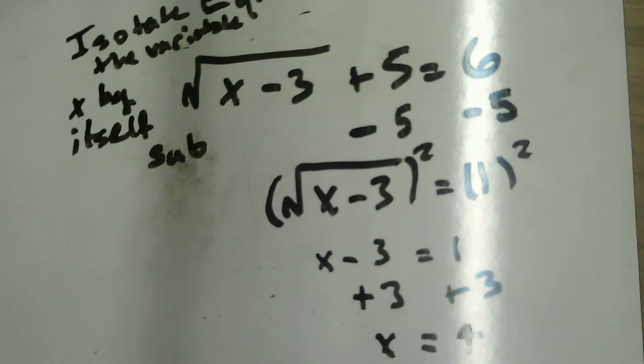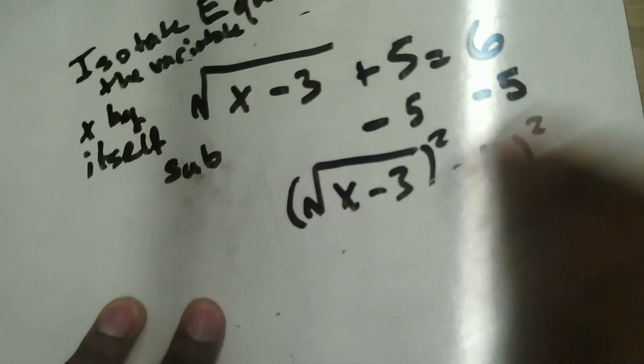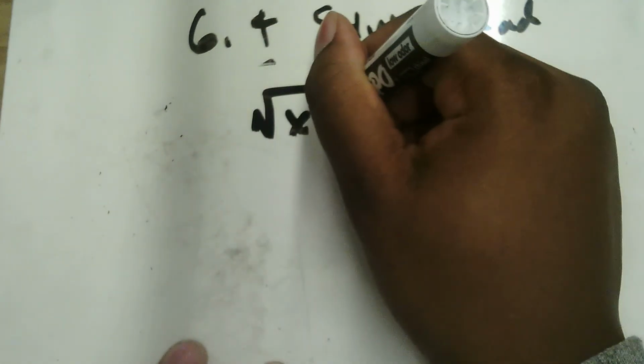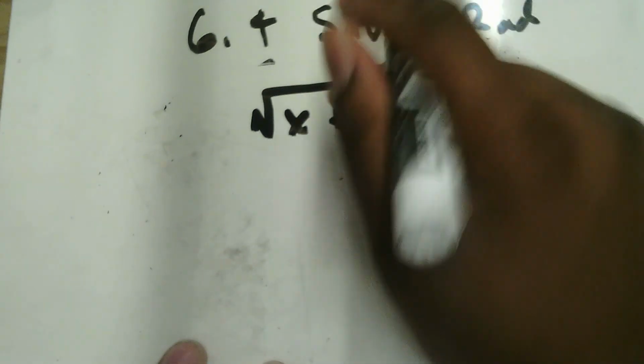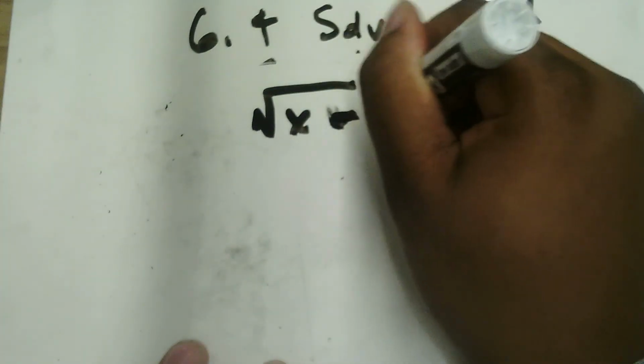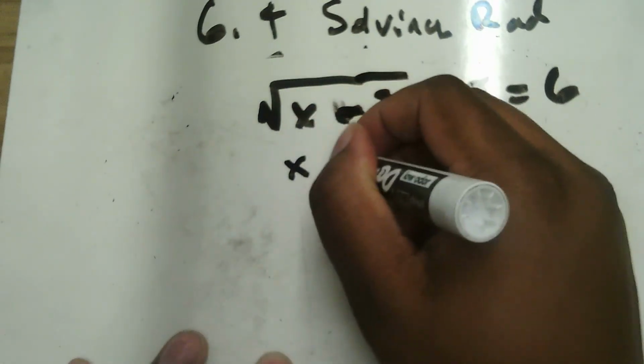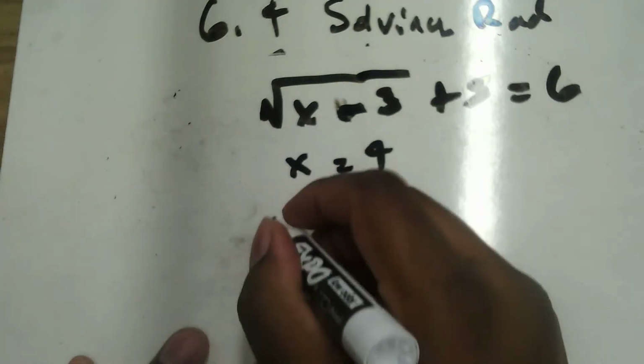Let's do another one. Of course, we can go back and check to make sure this is correct. So remember, we had the square root of x minus 3 plus 5 equals 6. And we found that x is equal to 4. So let's plug it in and find out.